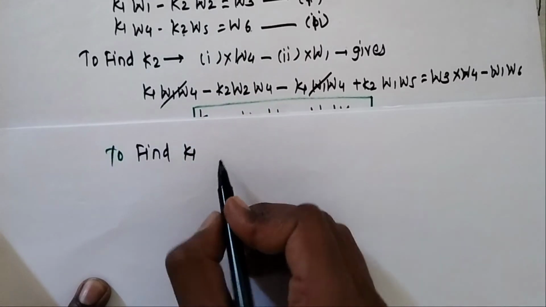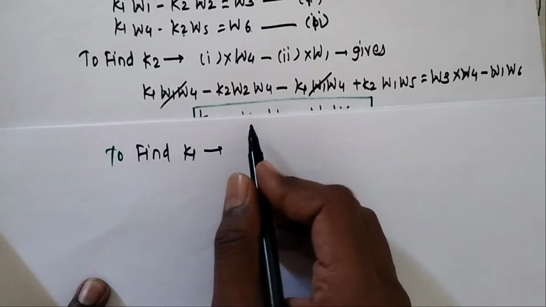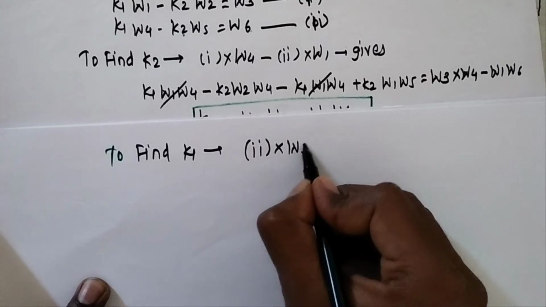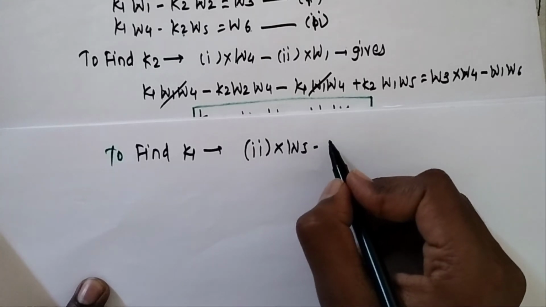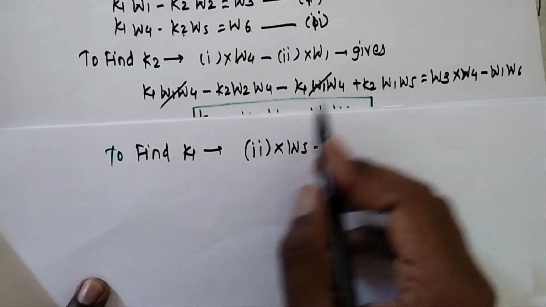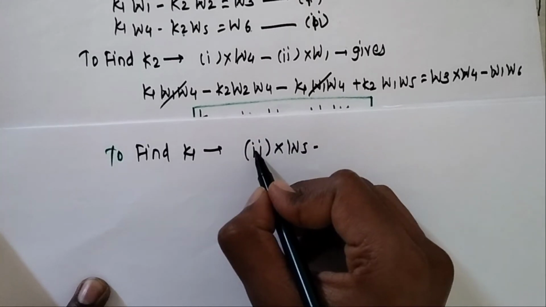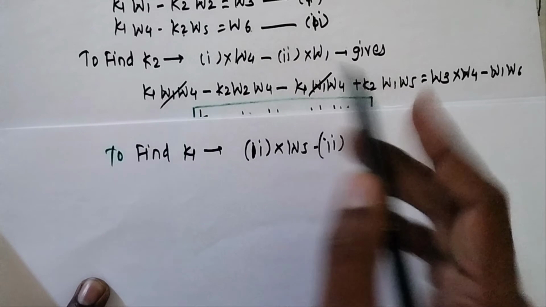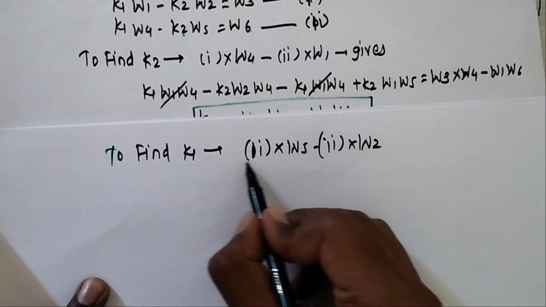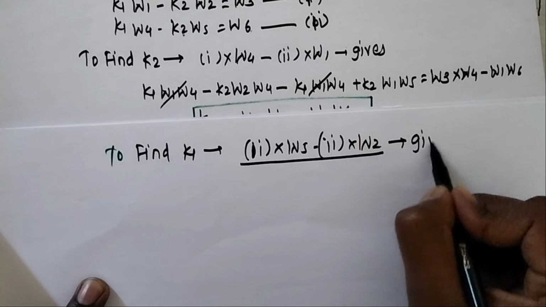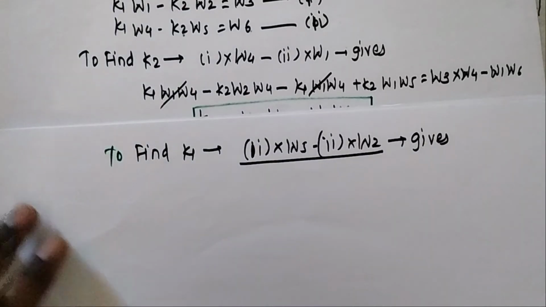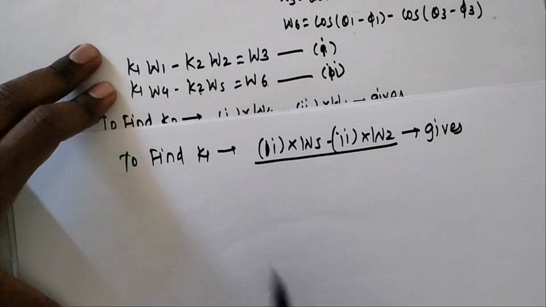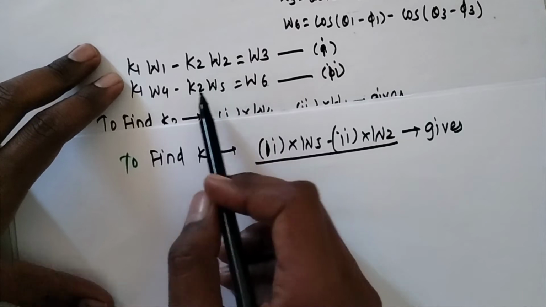So I am writing here, let's say to find K1, I can do equation 1 multiplied by W5 minus equation 2 multiplied by W2. So this we have to do, and you can check what it gives me. So multiply the first equation by W5 and the second equation by W2 and subtract from first.